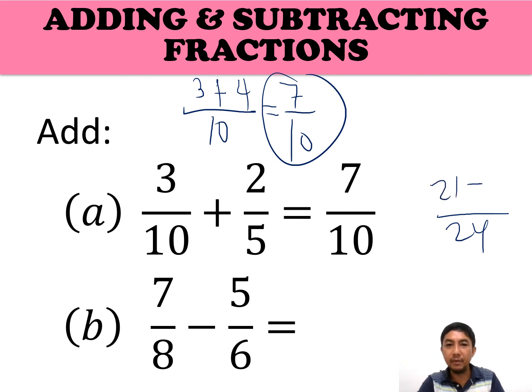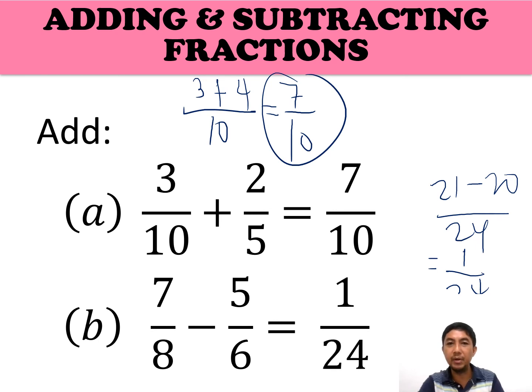Then 24 divided by 6 is 4. 4 times 5 is 20. And then 21 minus 20 is 1. Then copy 24. So the final answer is 1 over 24. So kung alin yung mas madali para sa inyo, then yun ang gamitin ninyo na solution or technique.